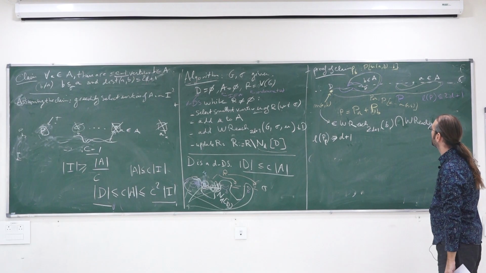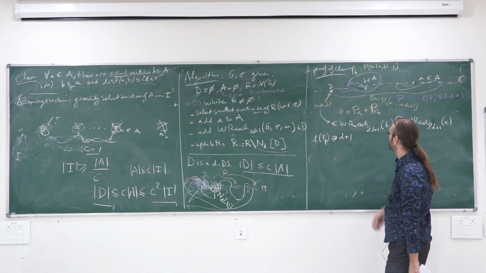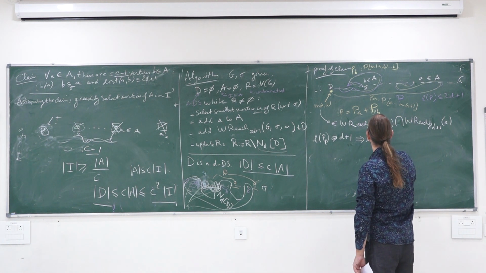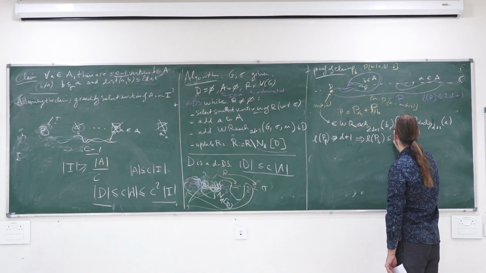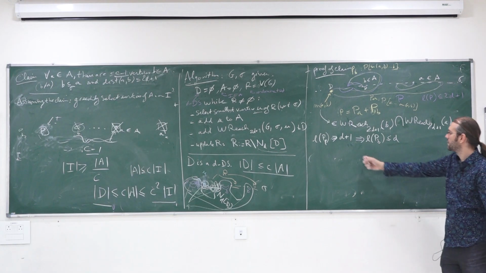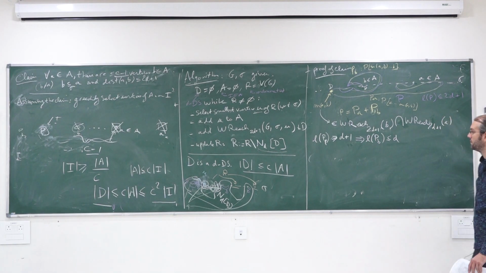But that means the other path is really short. I mean, it's exaggerated, but it's at most D. Right? Because the whole thing is at most 2D plus 1. If one side is at least D plus 1, the other has to be at most D.